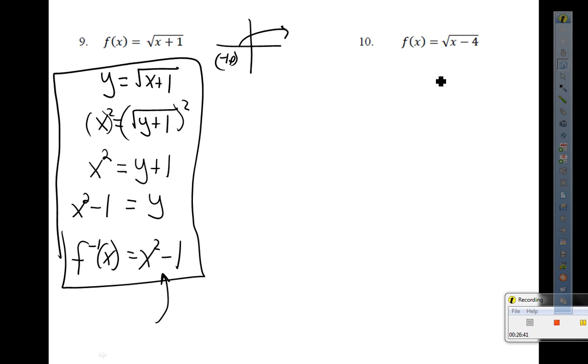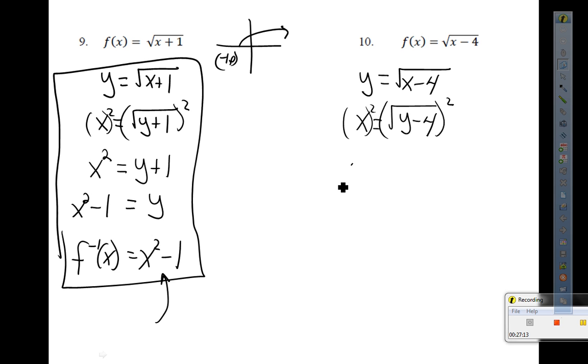F of x equals the square root of x minus 4. I'm going to first say y equals the square root of x minus 4. I'm going to switch the x and the y. x equals the square root of y minus 4. And then I'm going to square both sides. So on the left-hand side here I got x squared.